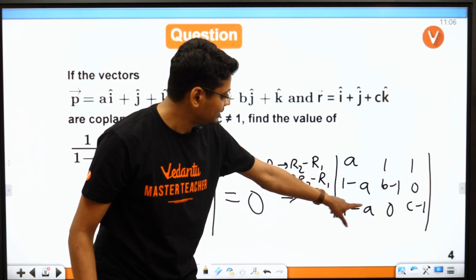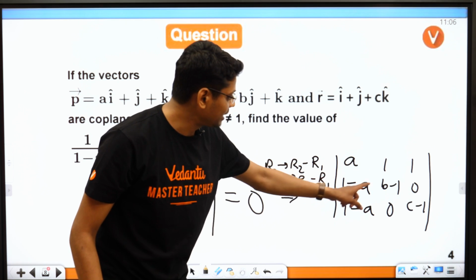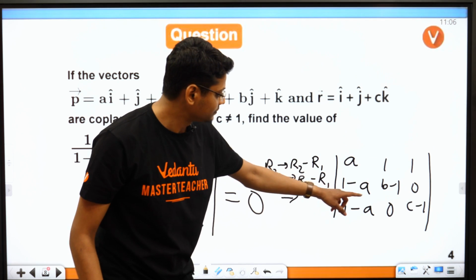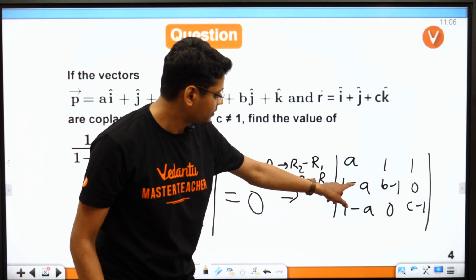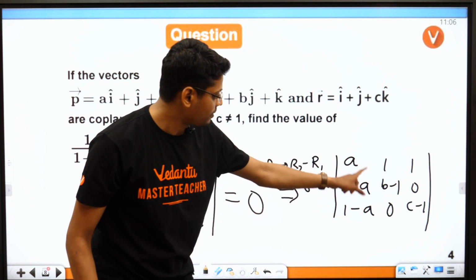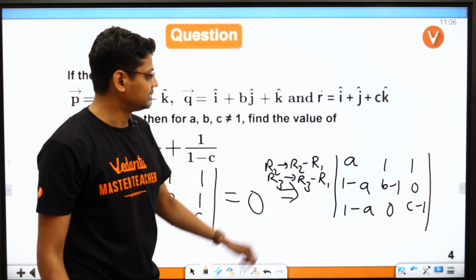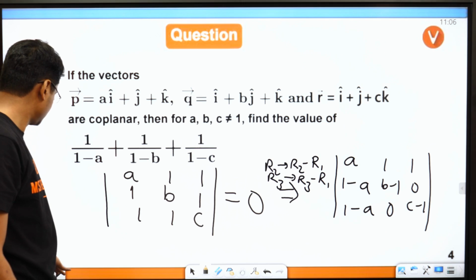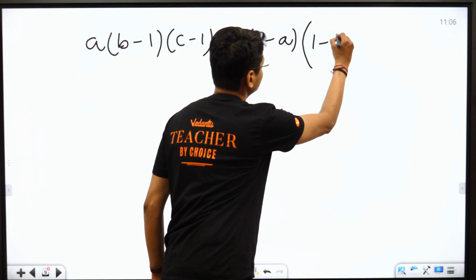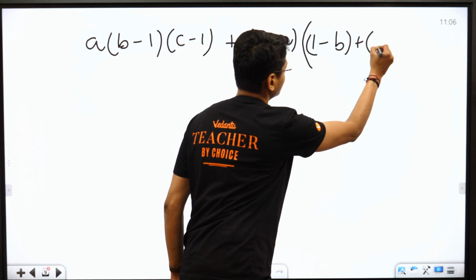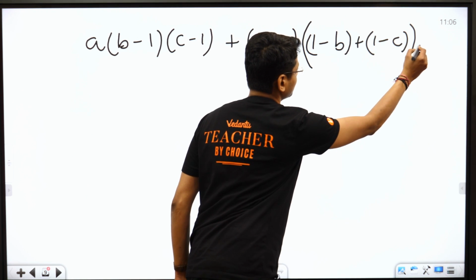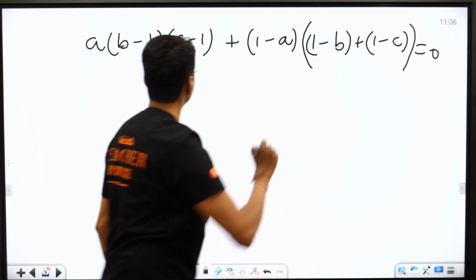So 1 minus A multiplied by 1 minus B plus 1 minus C, 1 minus B plus 1 minus C. This is equal to 0.